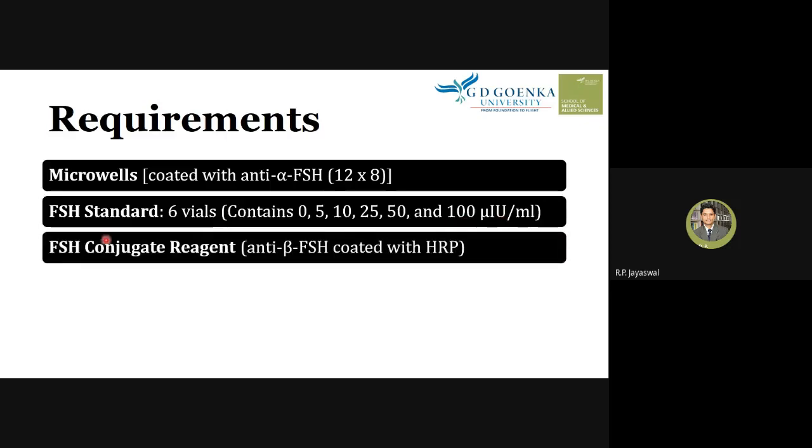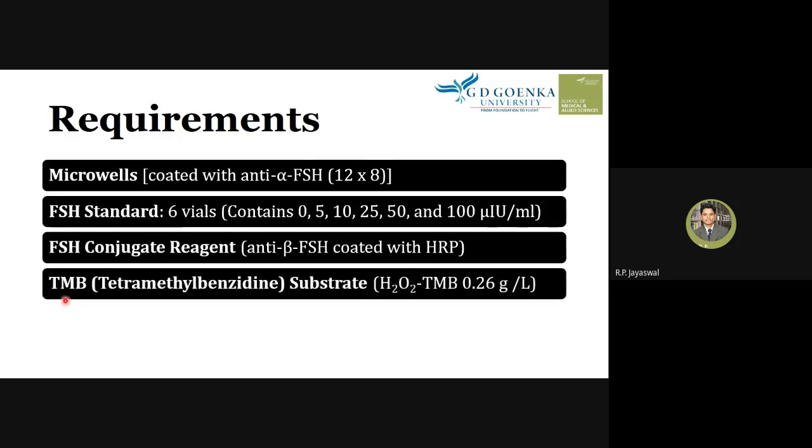Now the FSH conjugate reagent: we should have an antibody conjugated with an enzyme. Here, anti-beta FSH, so beta subunit antibodies conjugated with HRP, can be used as a reagent.